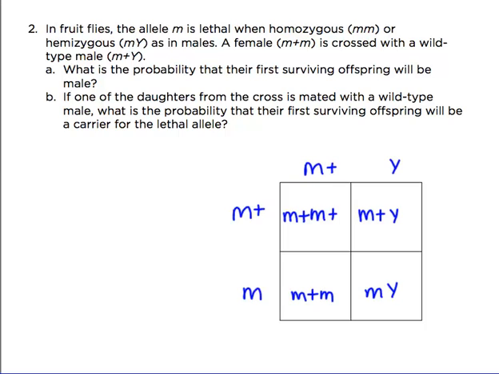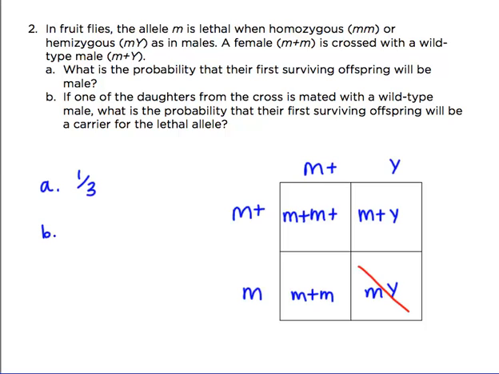Saying this allele is lethal when homozygous, little m, which we don't see, but also when hemizygous, which is little mY, as in males. So this male won't ever be born. It's a lethal allele when it's hemizygous. So it says, out of the surviving offspring, what is the probability that the first will be male? So there's only 3 surviving, and out of the 3, one of them is male. So for A, the answer is 1/3.